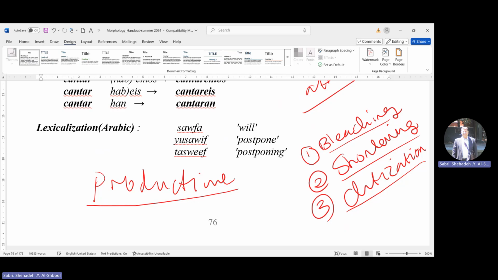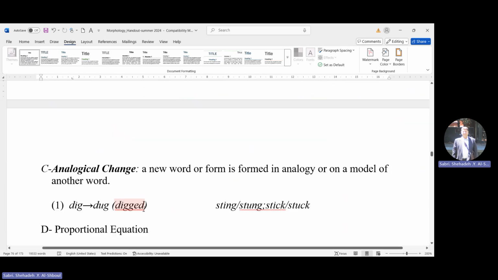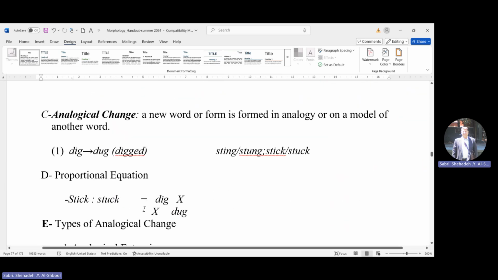So we notice that lexicalization can lead to the productivity of the lexicon. Now we move to another process which is called analogical change.